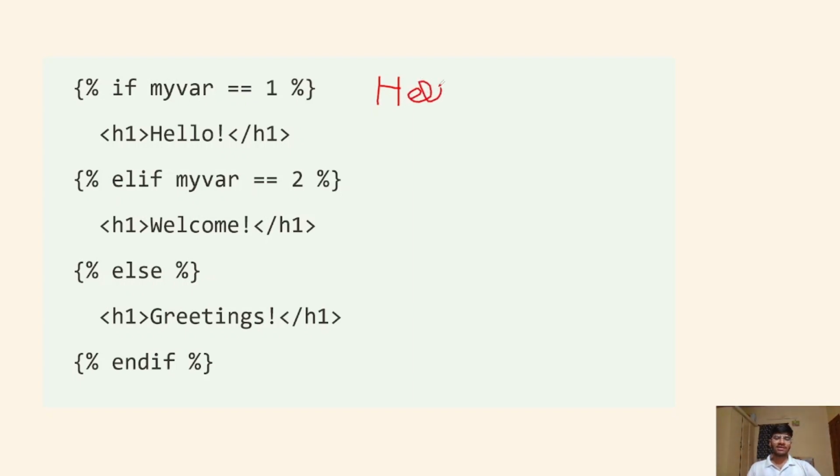Elif is like else if in reference to Python, where if the block of choice 2 is correct, then we will display the welcome button, and if the block is false, then we will move to the else block, where it will print the greetings. Then it is closed by endif.